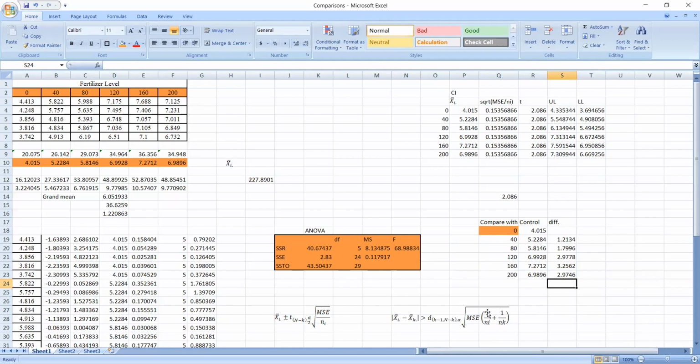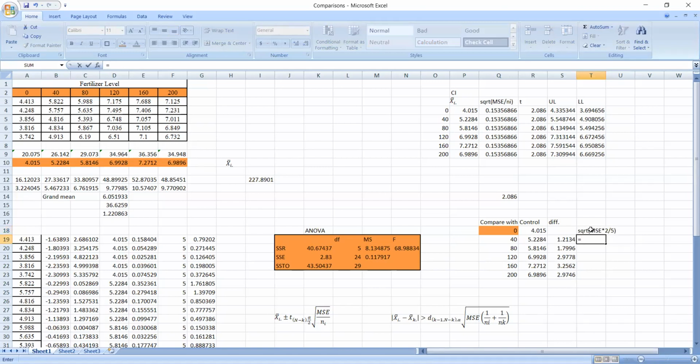So that is 1 over 5 plus 1 over 5. So that would be equal to 2 over 5. So in this case, what you can do is calculate the square root of mean square error into 2 over 5. This is what you have to do.